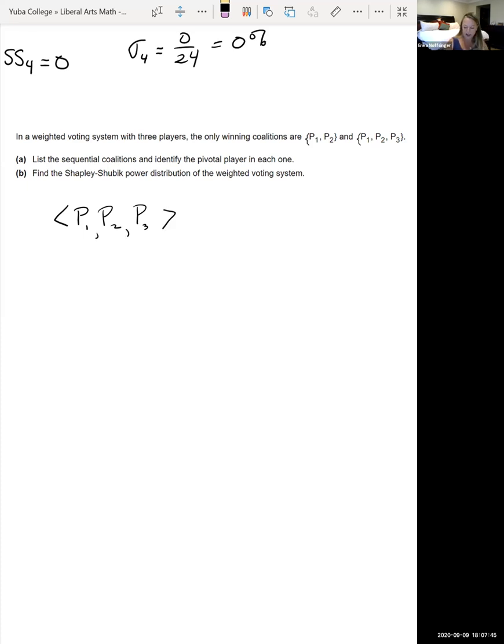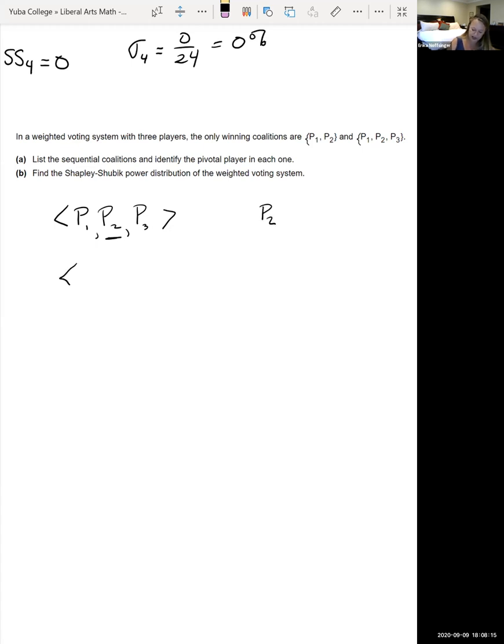Well, if I knew that player 1 had enough weight to be a winning coalition, then I would have that in the possible winning coalitions up above. So I know player 1 can't be the pivotal player. But I know when player 2 comes in here, they're going to make it winning. And so in this case, they're the pivotal player here.